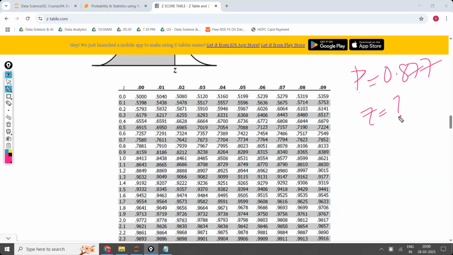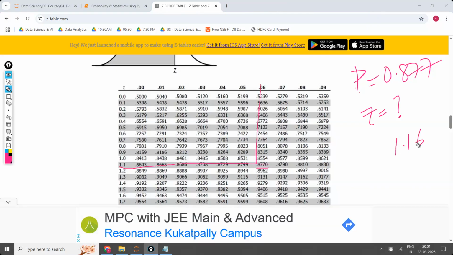Tell me wherever 0.877 is located. 0.87, 82, 85, 87, 877. Here it is available. What is this value? 1.16. So 1.16. Is that okay, everyone?